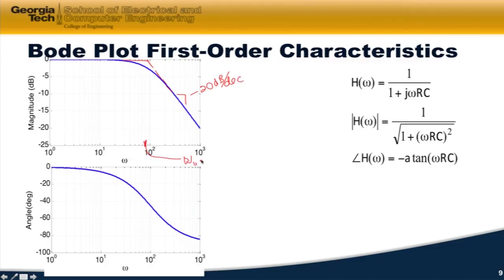Omega 0 is the corner frequency. For this particular circuit, the point where they intersect is 1 over RC. Now what happens in the angle? It goes from 0 degrees to minus 90 degrees as you get higher in frequency, so this levels off at minus 90. So that's the characteristics of a first order circuit and what the Bode plot looks like.